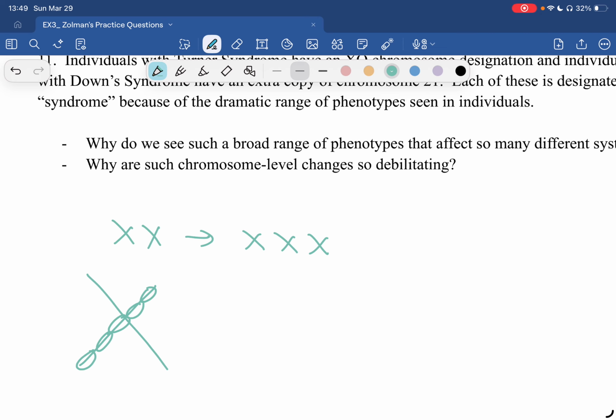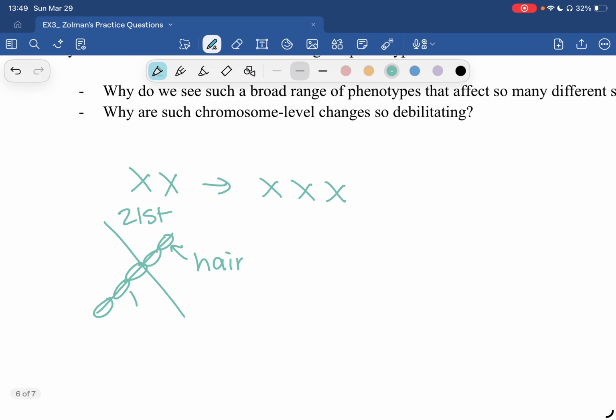So for example, let's say this is the 21st chromosome. Let's hypothetically say that hair and eye color are on the 21st chromosome.